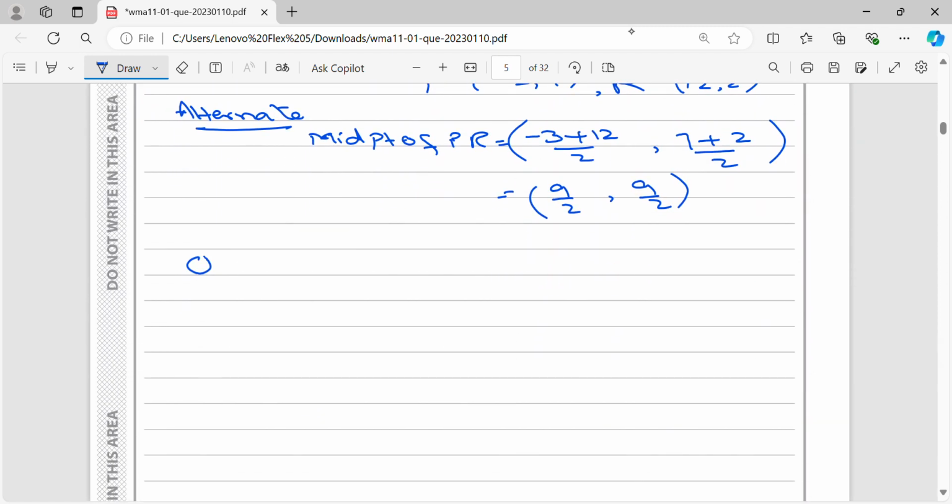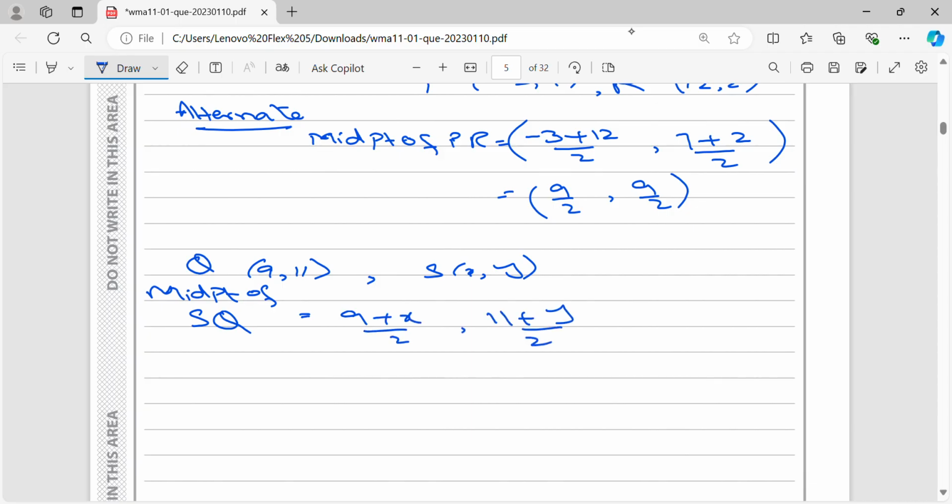Q, we know that Q is 9 and 11. S, I assume that X and Y. This is an alternate way to find out coordinate of S. So find the midpoint of SQ. So 9 plus X over 2 and 11 plus Y over 2.